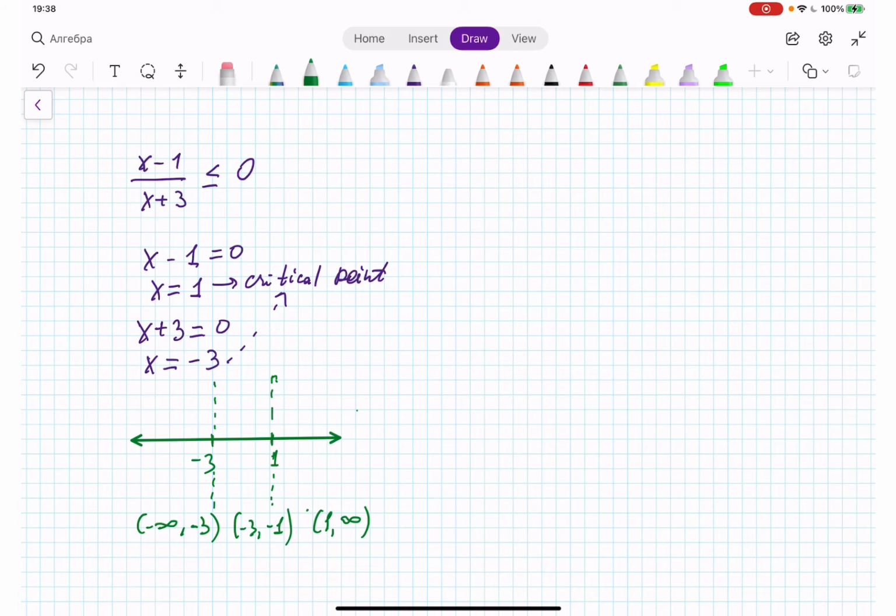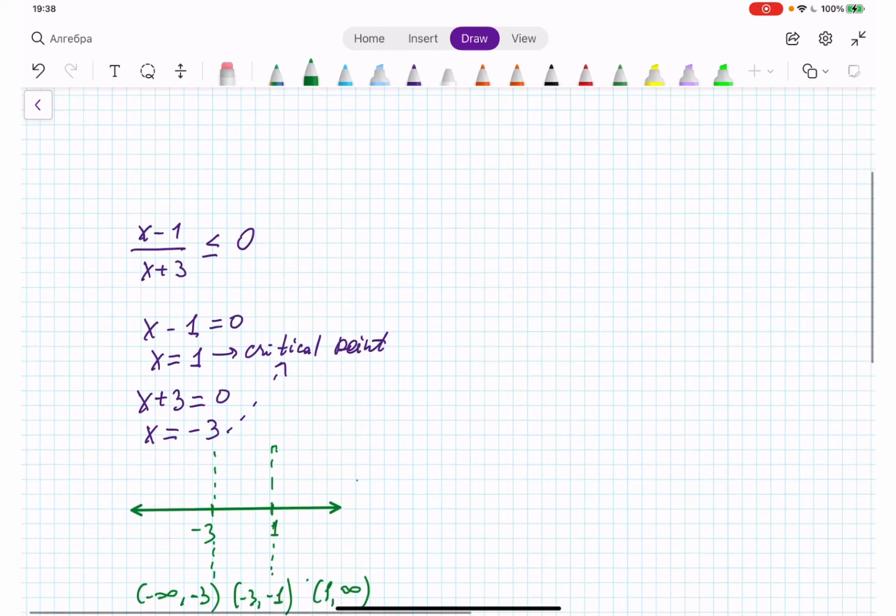So we take a test point in each of these 3 intervals, and if it gives us less than or equal to 0, then we take that interval as a solution. But if it gives us the opposite, which in this case is greater than 0, then that interval cannot represent the solution. Then we will explore the critical points.